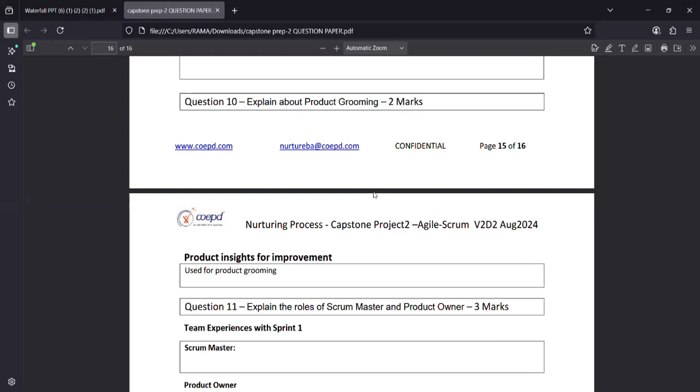The main goal of product grooming is to make sure backlog items are clear, prioritized, and ready for the upcoming sprint. So here we review and refine the product backlog to ensure the items included in it are clear, prioritized, and ready for the upcoming sprint. That is known as product grooming.